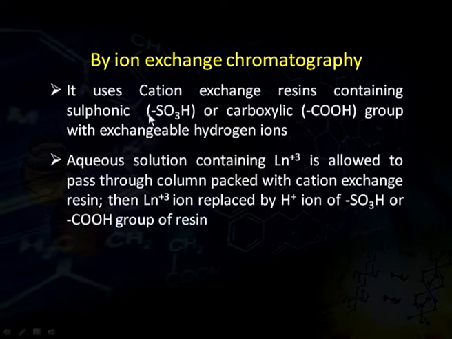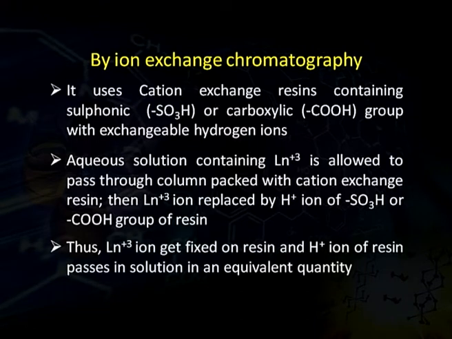This is the ion exchange property of the resin, meaning the exchange of lanthanum +3 with hydrogen ions of the sulfonic or carboxylic group present in the resin. Thus, lanthanum +3 ions get fixed on the resin and hydrogen ions of the resin pass into the solution in an equivalent quantity.